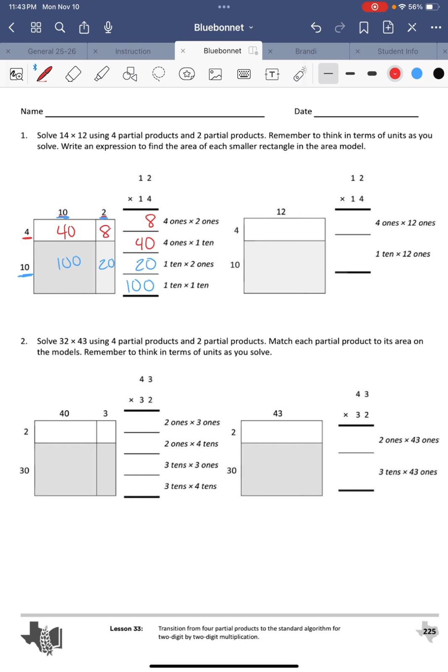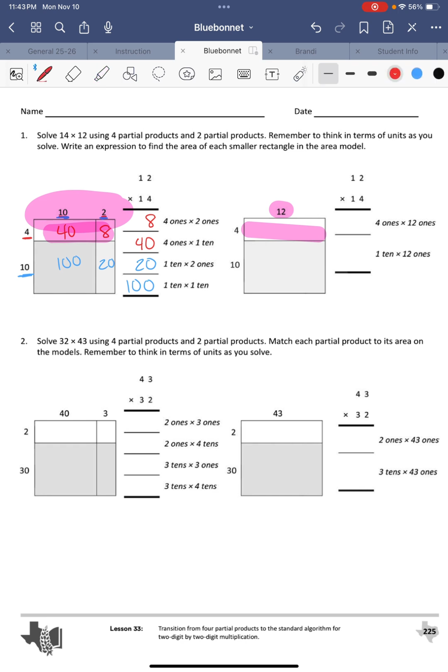Excuse me, notice how they have taken this, I didn't mean that to be so big, 10 plus 2, and that's our 12. So also inside there, this 40 and 8 is what we're going to put here.